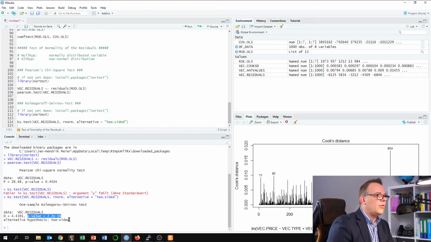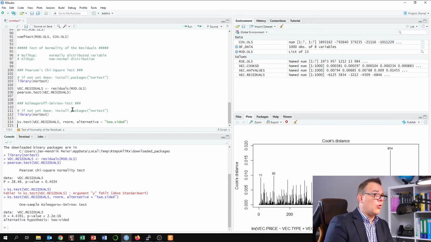So the alternative hypothesis is supported here. Nevertheless, don't worry about that. First of all, Kolmogorov-Smirnov is very hard not to get the alternative hypothesis here. And it's not very well suited to test residuals.